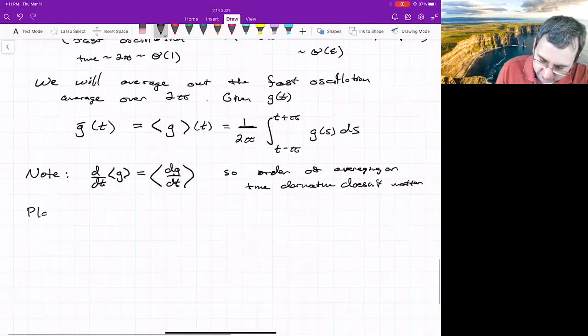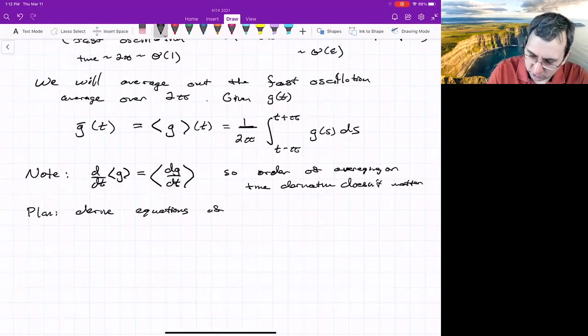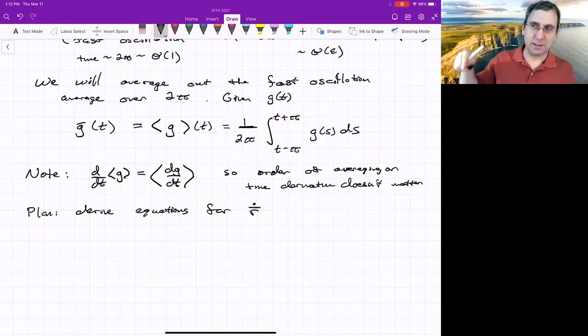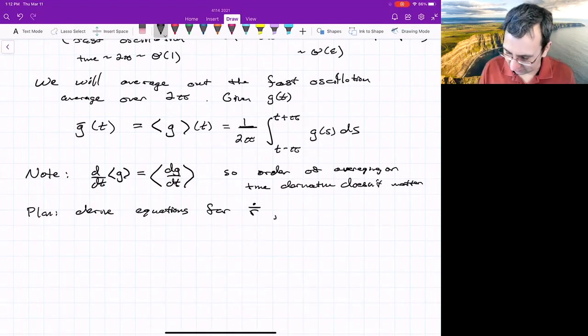So here's our plan: we will derive equations for r bar, not r vector, time average of r. So how is the cycle-averaged amplitude changing? And also how is the cycle-averaged phase changing?